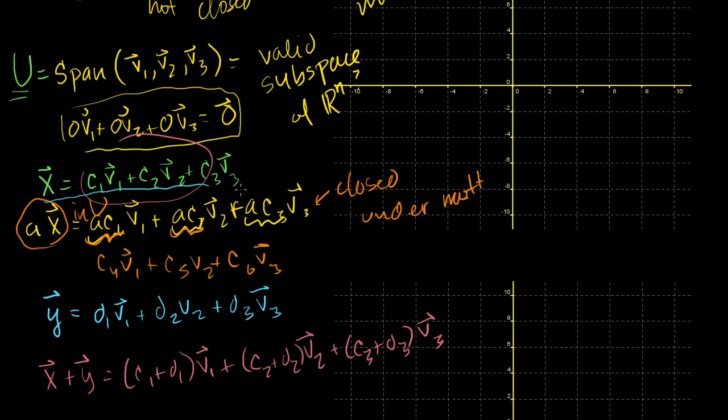You had a v3 here and a v3 there, so you just add up their coefficients. Clearly, this is just another linear combination. These are just arbitrary constants again. So this thing is just a linear combination of v1, v2, and v3.